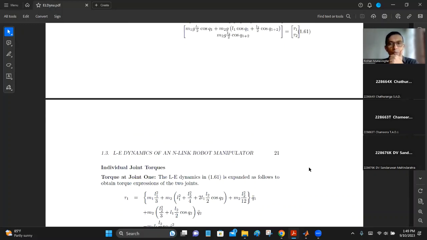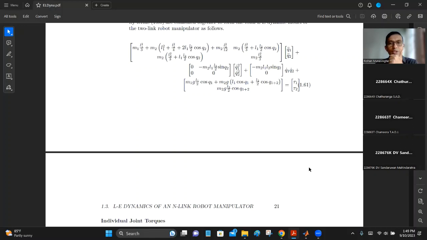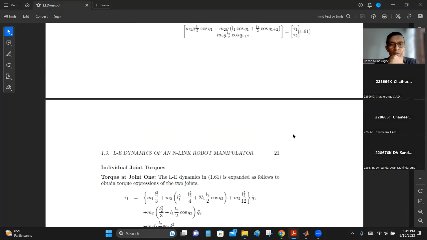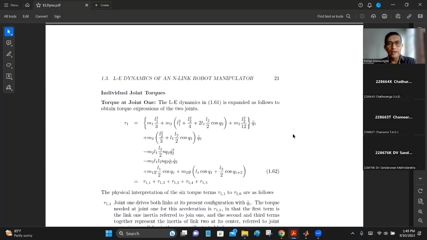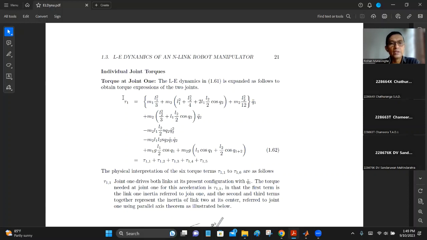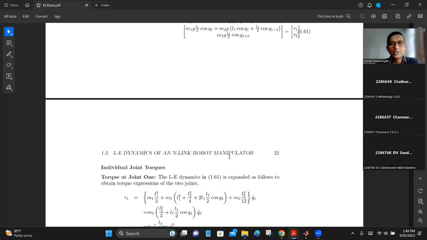Now, today we are going to break down this Lagrange-Euler equation we derived for a 2-link manipulator, tau 1 and tau 2. I'm going to expand it for tau 1 first. The first joint torque comes from this Lagrange-Euler equation.